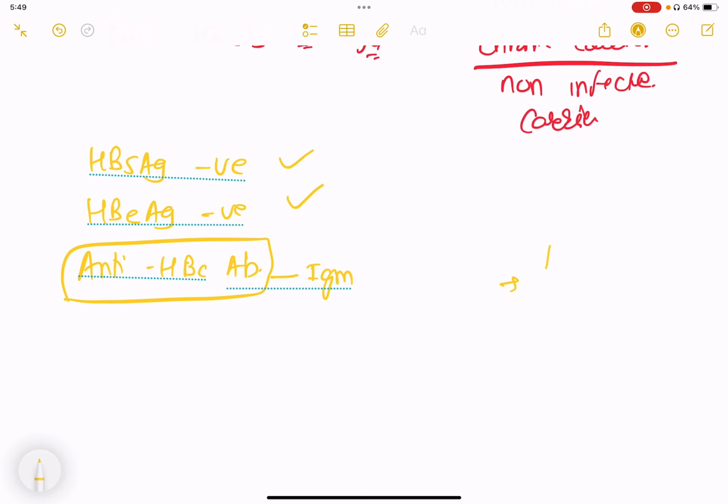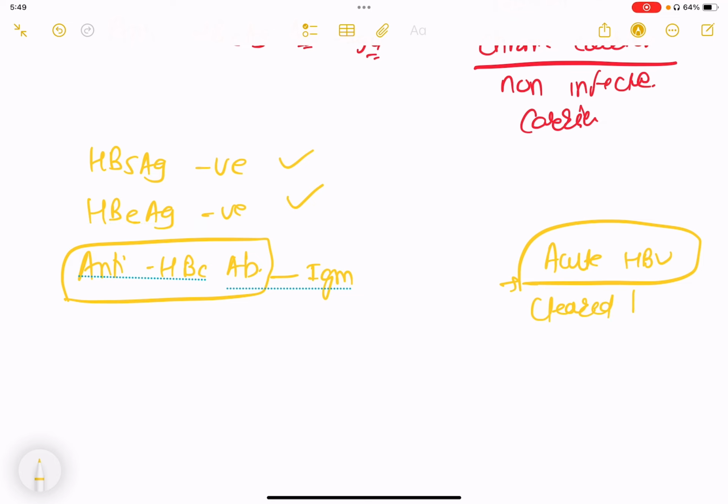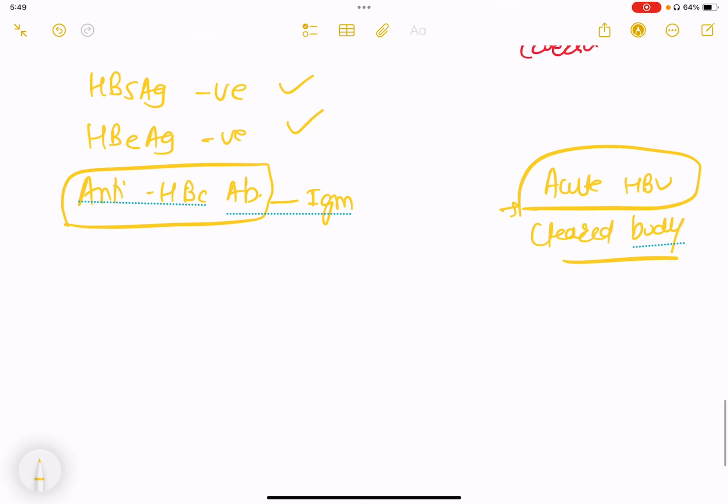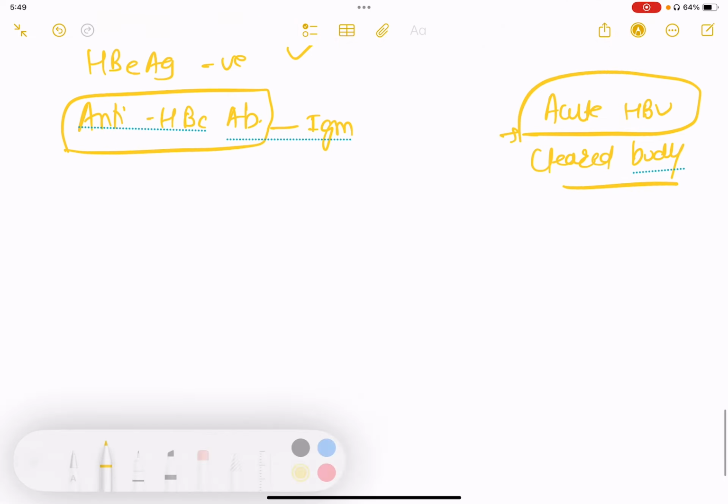It means that the patient recently had hepatitis B infection, but it is cleared by the body. So the patient is in a very much better state. This is the implication of this.